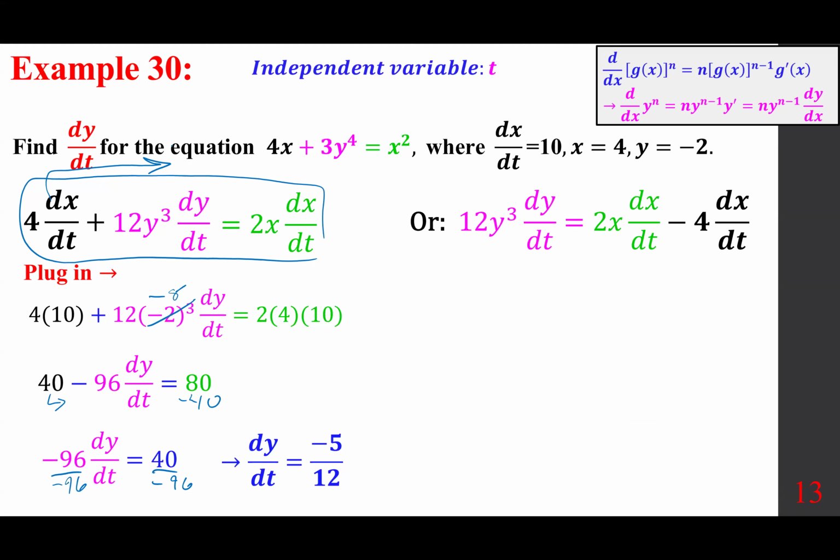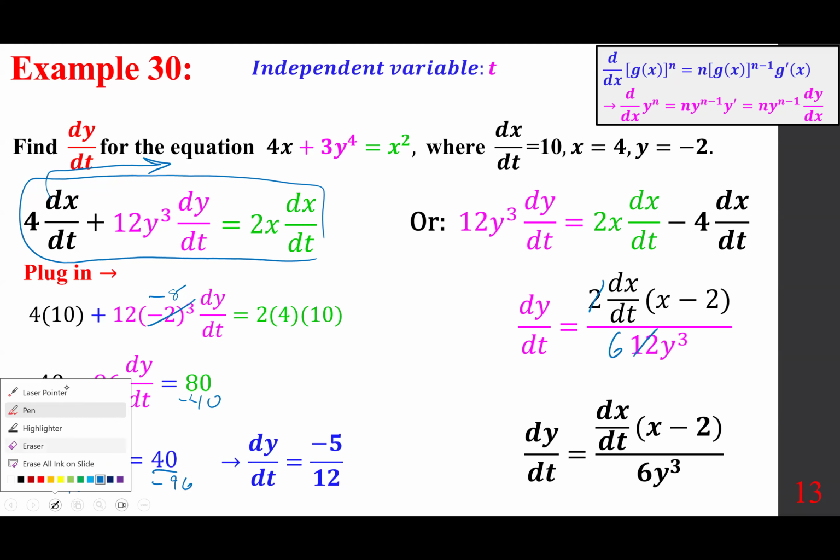And notice on the right side, there is a common factor of 2 dx dt. So we're going to write that way. Therefore, I can get rid of the 2 here and change this to 6. This is the final answer. Dy dt is dx dt times x minus 2 over 6y cubed. And if I plug in, I will get the same answer.